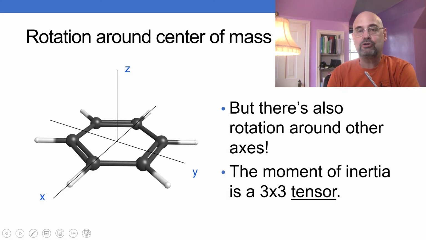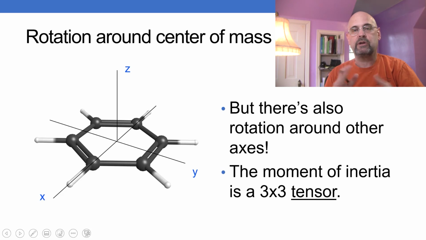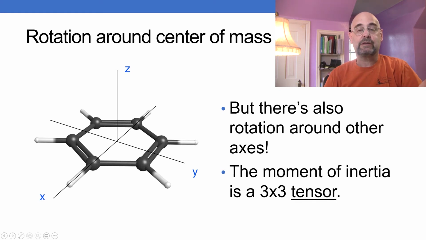Now, we're going to start with a generalized object and go back to simpler ones. There are rotations around other axes. And in general, the moment of inertia is a 3×3 tensor. Lest a tensor scare you, really it's just a matrix. But it's a physical quantity that has the form of a matrix.